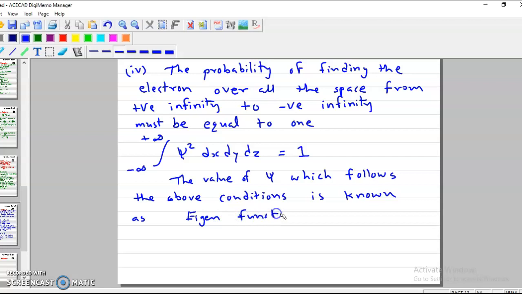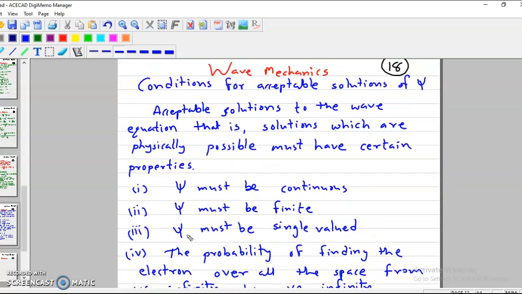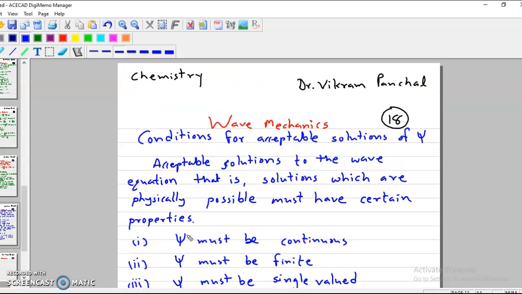Well, eigenfunction is a mathematical term, and I will explain what is eigenfunction and eigenvalue later on. But eigen means proper, so it should be eigenfunction.